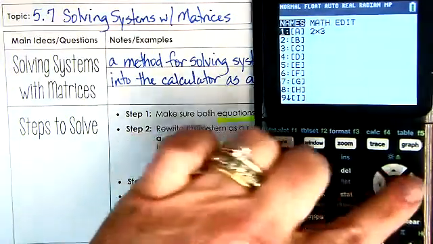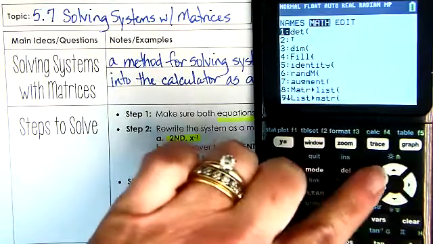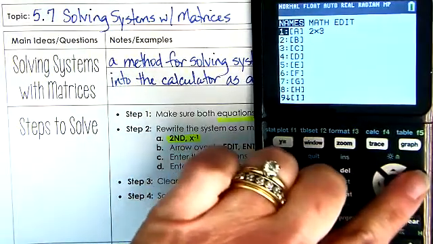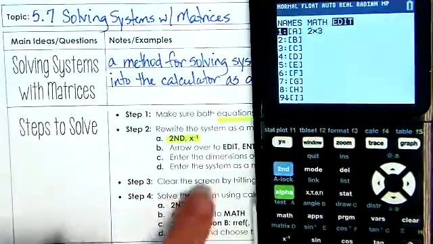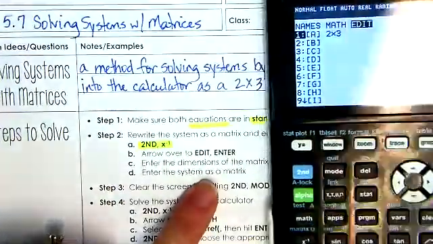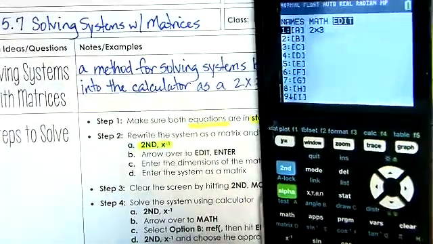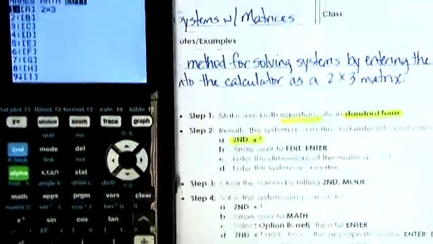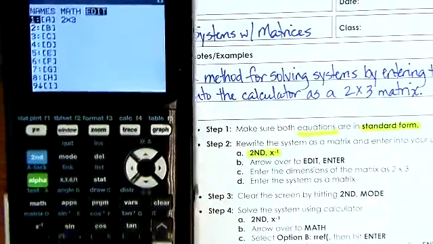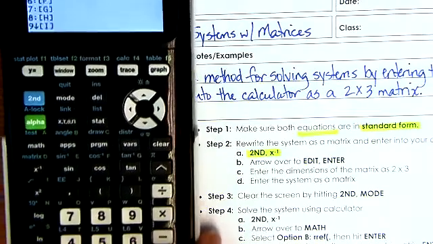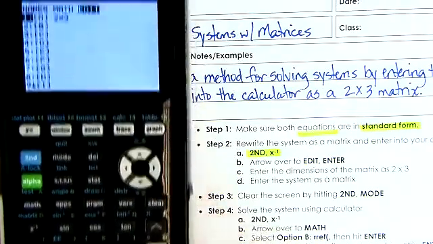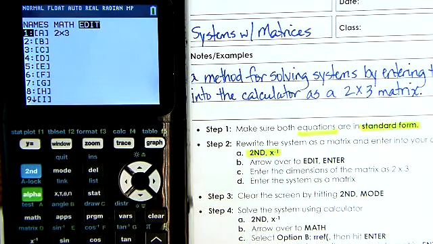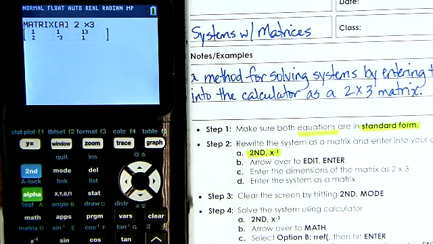Sometimes it may not be, and if it's not, you just go over here to edit, and we press enter. I'm trying to do this without the glare. Maybe I need to move the calculator over here. That's helpful. Okay, so let me move this up so you can see. So we're going to go to edit, arrow over to press edit, and press enter. And now you can see that we can change these.